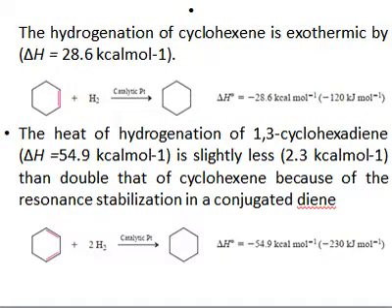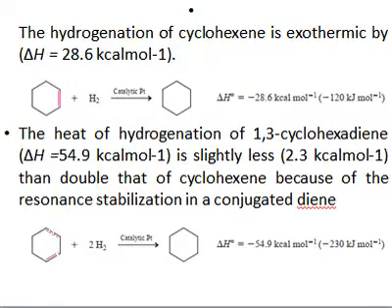There is a slight decrease in the heat of hydrogenation of cyclohexadiene if the double bonds are conjugated. The reason for the decrease in energy when we are carrying out the hydrogenation of a conjugated system is the resonance stabilization, because the system is conjugated, so it must have resonance, right?